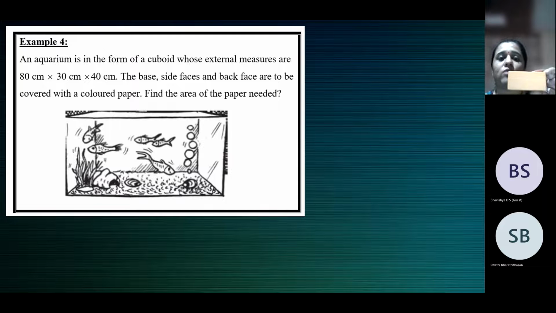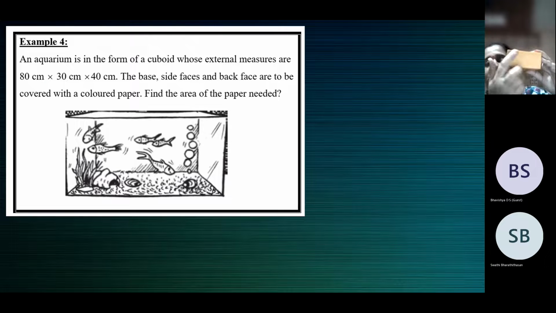In the case of a cuboid, we said the 6 faces are the front face, the back face, the 2 side faces, the top face and the bottom face.